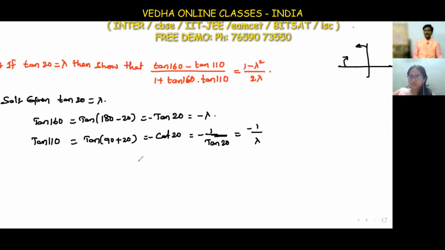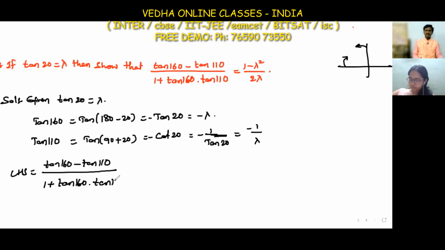Now take the LHS here. LHS is equal to tan 160 minus tan 110 whole divided by 1 plus tan 160 into tan 110. We know all the values, so substitute them.